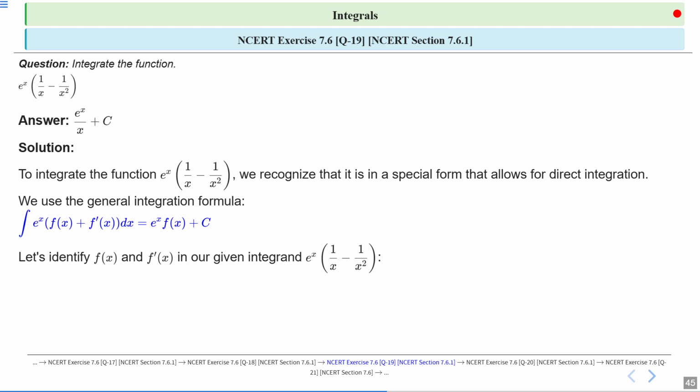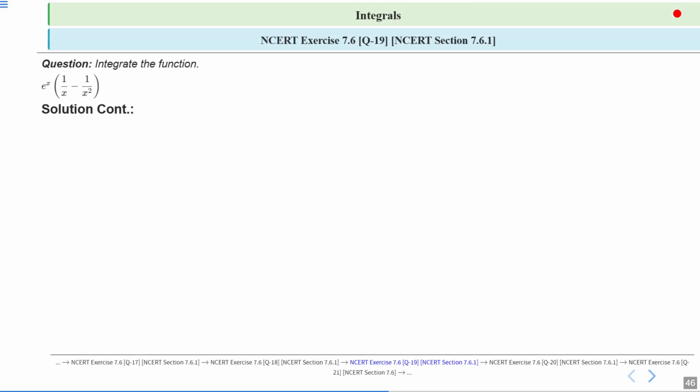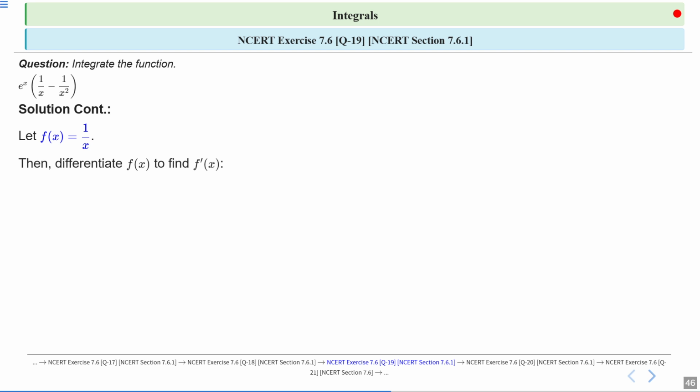So what do you think? When we differentiate 1 by x, we get minus 1 by x square. So let's take f(x) as 1 by x and differentiate with respect to x to get f'(x).